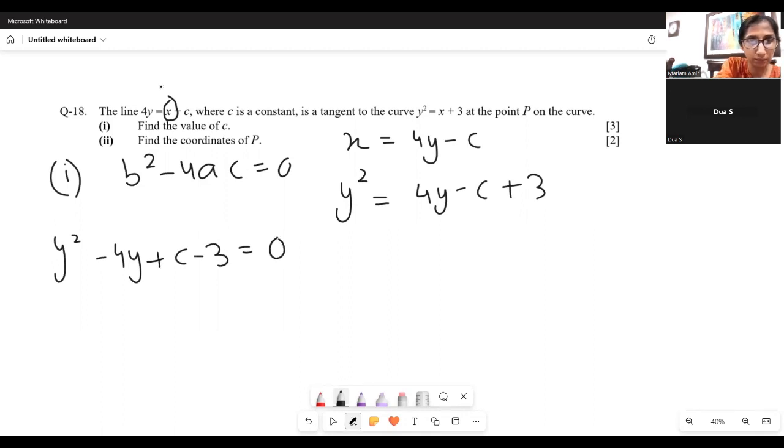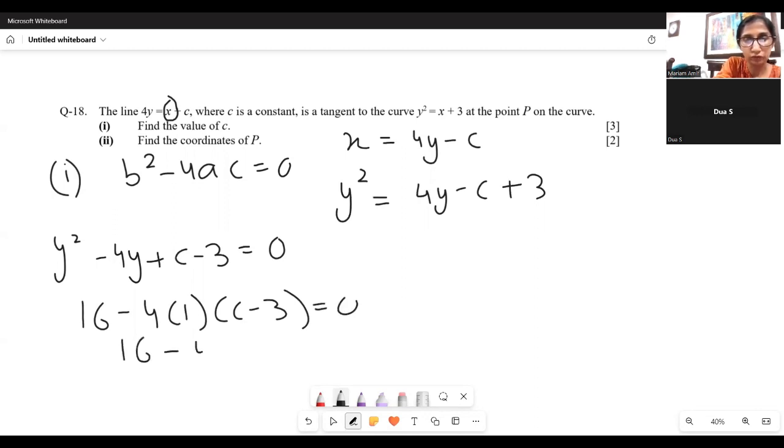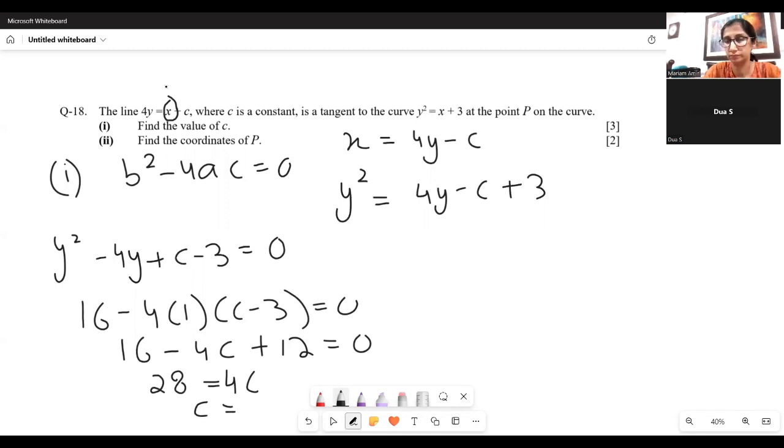Now get the discriminant. B square is 16 minus 4 times 1 times c minus 3 equals 0. And we have 16 minus 4c plus 12 equals 0. So we have 4c equals 28 and c equals 7.